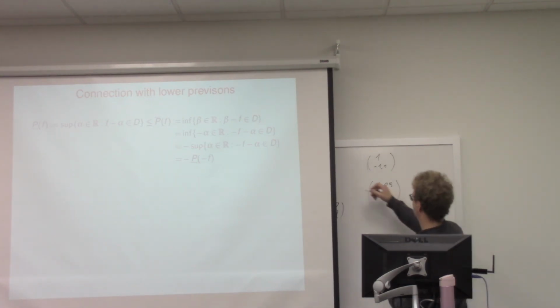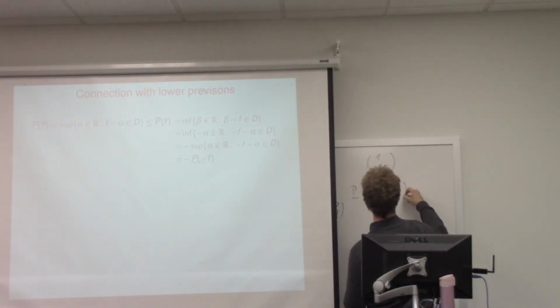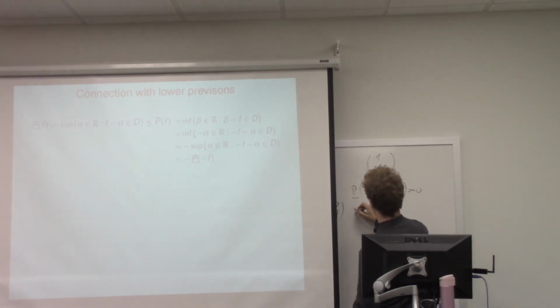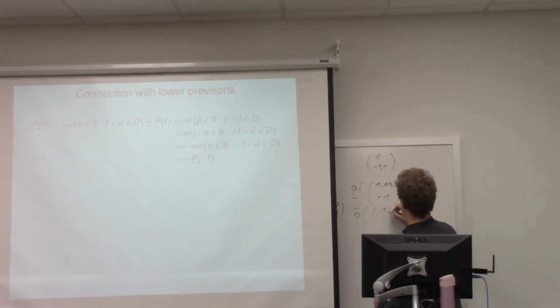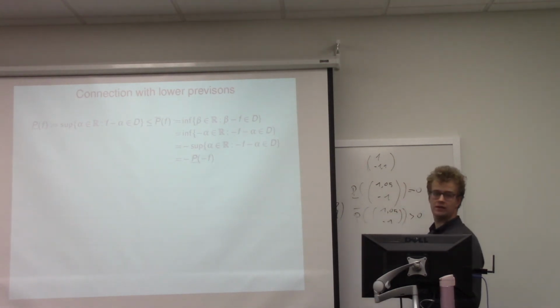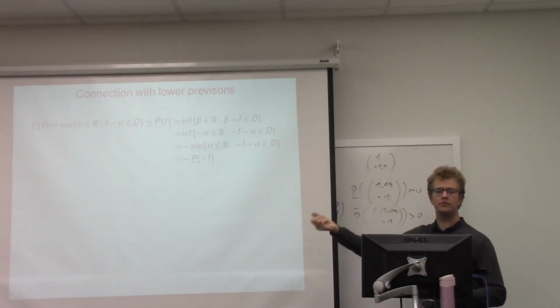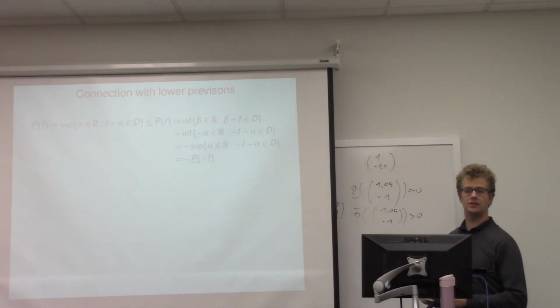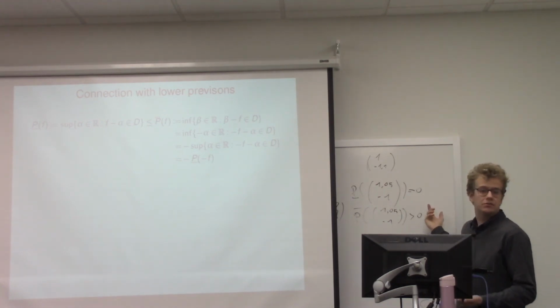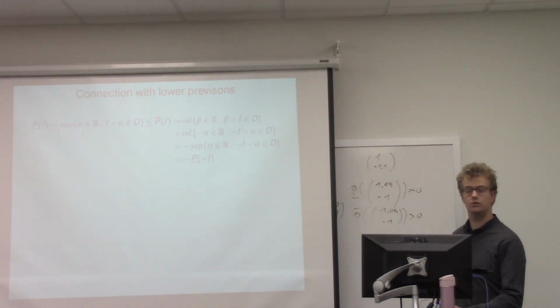Yeah, so you're saying that the lower provision of it is 0, and your upper provision is bigger than 0, right? So you want to offer it, but you don't want to sell it. Oh, sorry, you want to buy it. That's right. But that's coherent. Yeah.